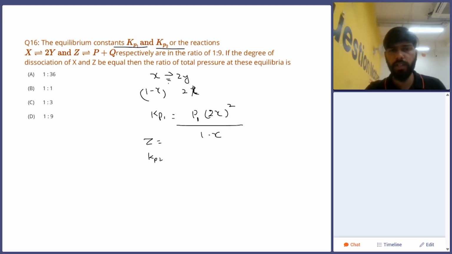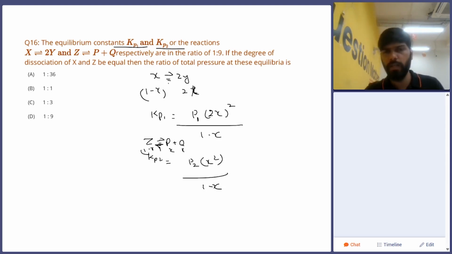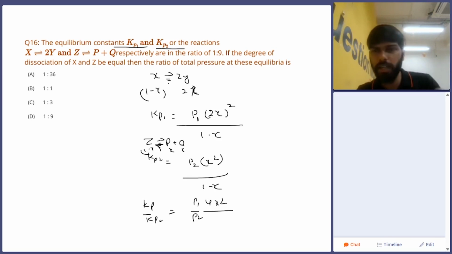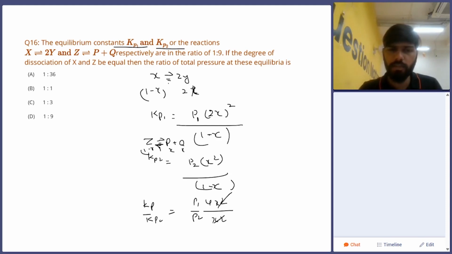For Kp2, Z gives P plus Q, 1 minus x, and x and x, and Kp2 is 9, so partial pressure P2 times x square upon 1 minus x. So the ratio Kp1 upon Kp2 is P1 upon P2 multiplied by 4x square upon 1 minus x. The common terms cancel, x square cancels, and in place of Kp1 upon Kp2 we write 1 upon 9. So 9 fours are 36, and the ratio is 1:36.